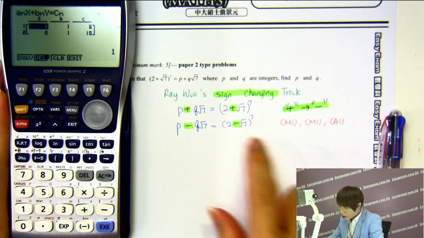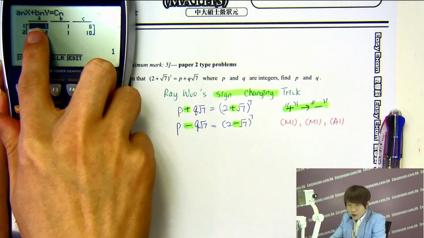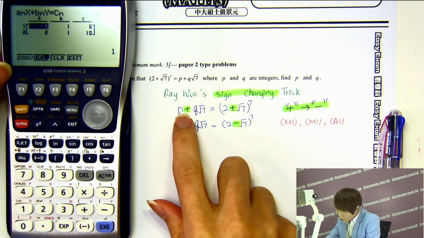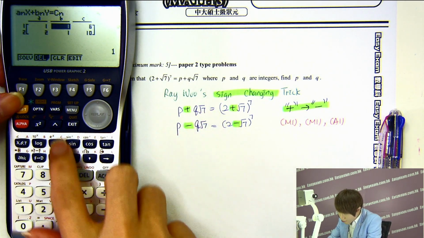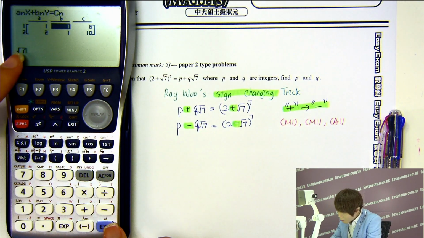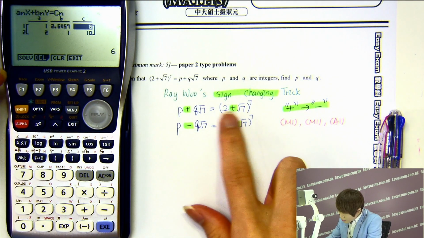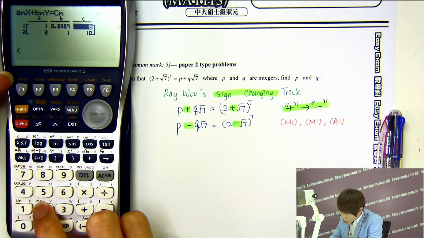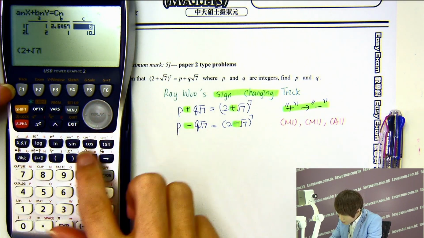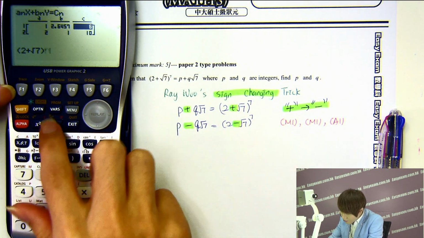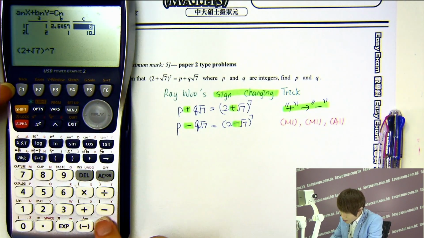Now you're going to type those coefficients into the boxes. The coefficient of p is 1, the coefficient of q is root 7, and for the right hand side, it is (2 + √7)^7. Okay, execute.